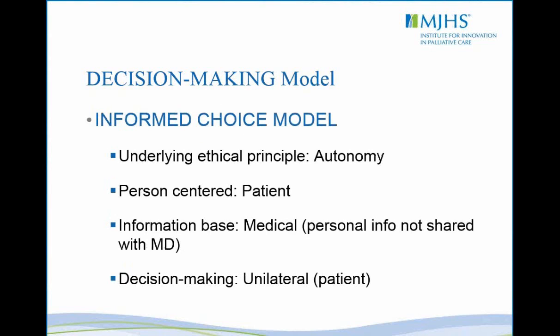We also have what we call the informed choice model, which is a little bit what we tended to do at the beginning of informed consent when it was starting in the 80s. We said, well, okay, now the patient is deciding on the principle of autonomy, that's fine. Therefore, I'm going to give him all kinds of information and then he'll choose.